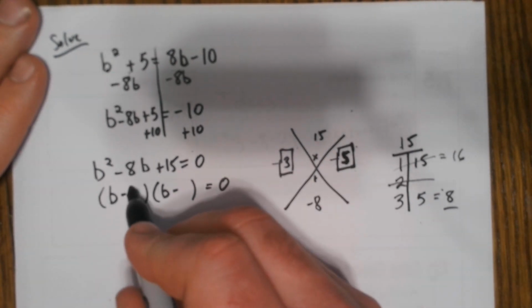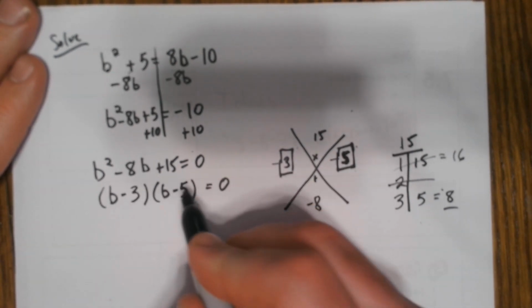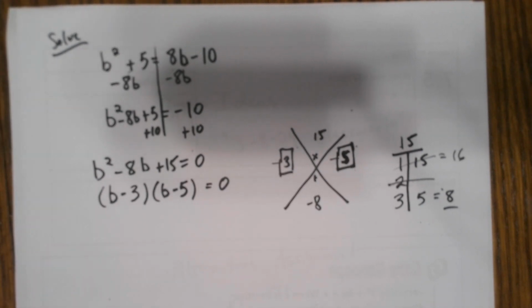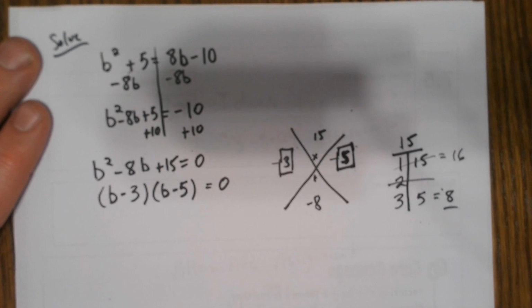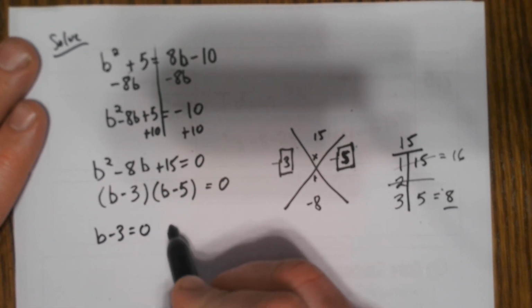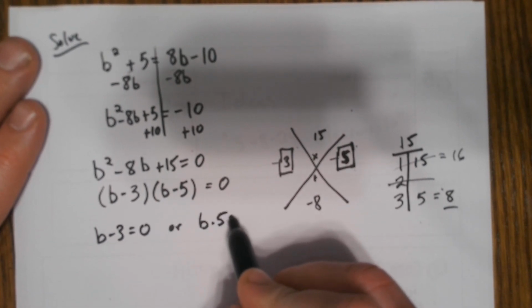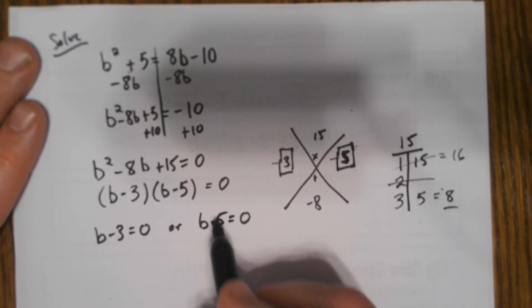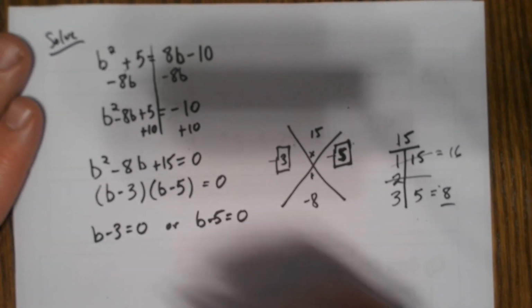Which means over here we have b minus 3 and b minus 5 are equal to 0. Again, the zero product property, they're multiplied together to equal 0. So b minus 3 equals 0, or b minus 5 equals 0. Solve both equations.